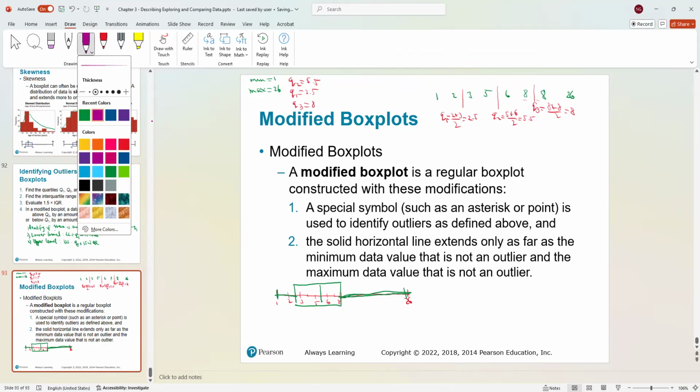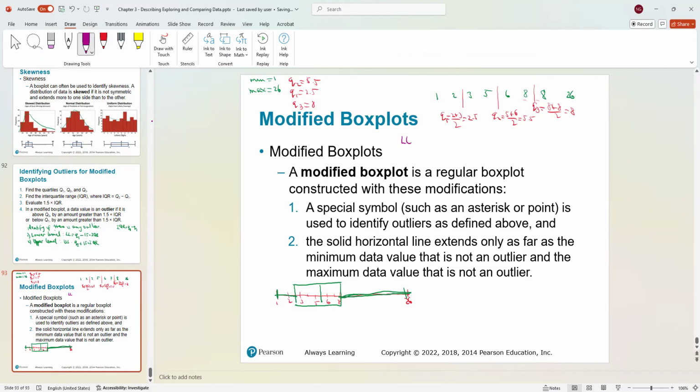If we're looking for the lower limit, first of all you need the IQR. We know IQR is Q3 minus Q1. So 8 minus 2.5 gives you 5.5. Now, the lower limit is Q1 minus 1.5 times IQR.